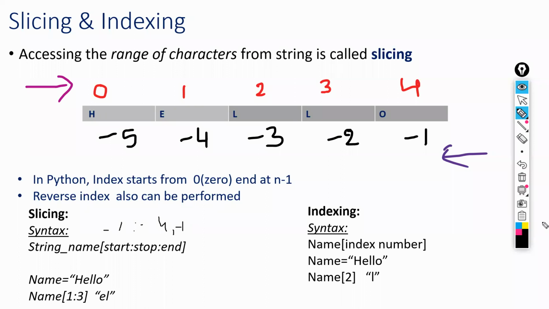If I want to get the indexing number 2, instead of 2, I can use -3 also. Still, I'll get the same character. This is how we can access or retrieve characters from the string data.